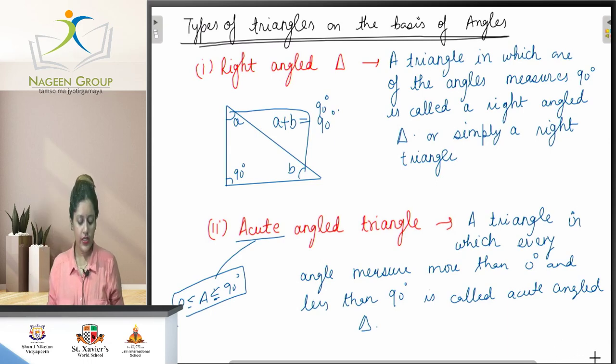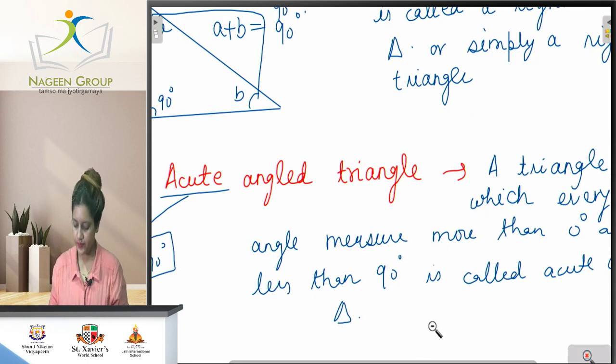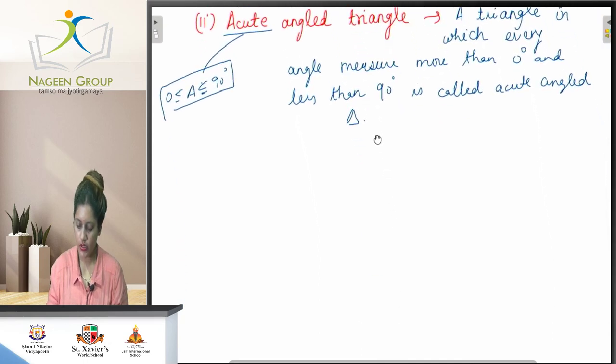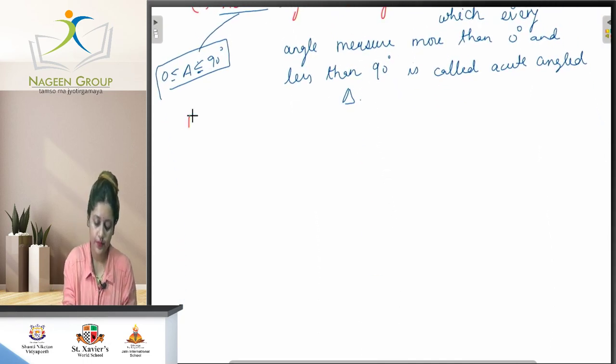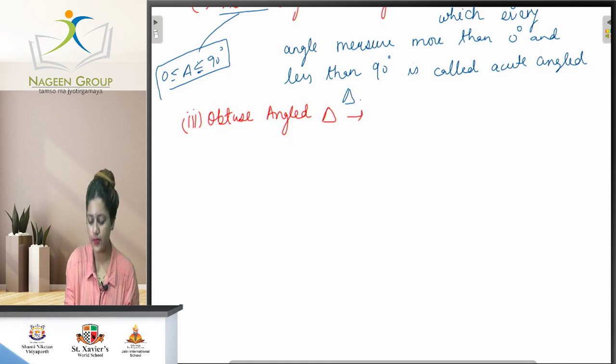Now the third type is obtuse angled triangle.